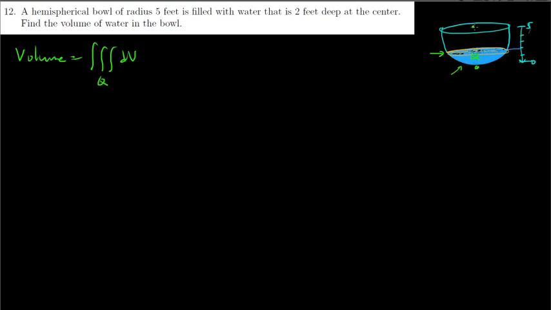Or do you want it to be the center of the bowl if it were a complete sphere? And I would claim that this might be easier here, right? So if this is our origin, 0, 0, 0, right, then sure, the bottom surface here will be z equal to negative square root of, let's see, the radius is 5, right? So 25 minus x squared minus y squared.